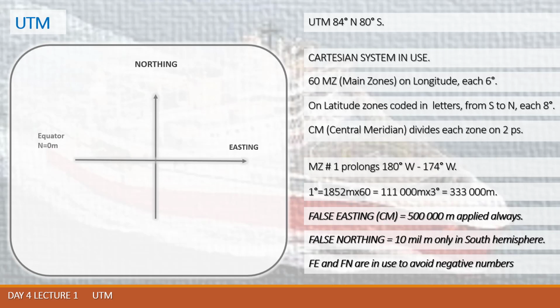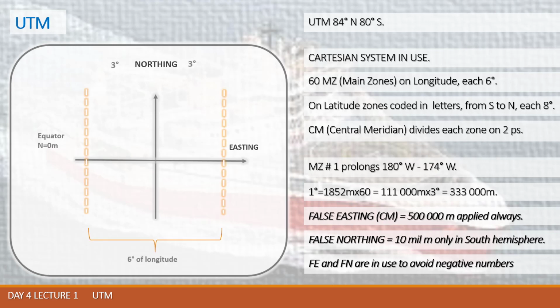Those two axes create the system for further coordinate calculations. Two vertical bars present the limitation of the zone by longitude, and we have 3 degrees on each side of the central meridian of the zone. Totally we have 6 degrees on longitude per one zone of the UTM projection.